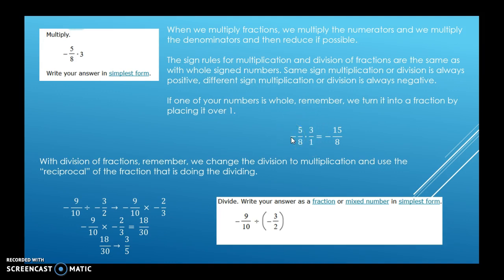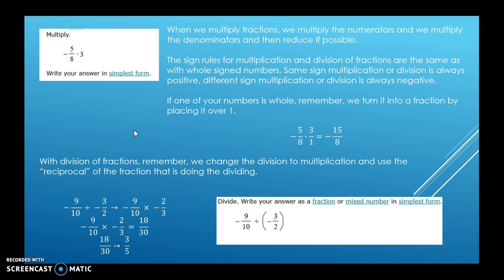So the negative is either with the numerator or the denominator, not both, right? Because a negative over a negative is positive. So I always tend to just associate the negative sign with the numerator. So -5 times +3 is a -15. 8 times 1 is 8.